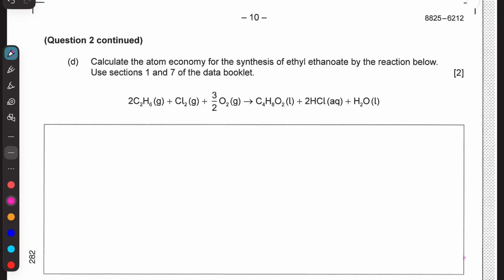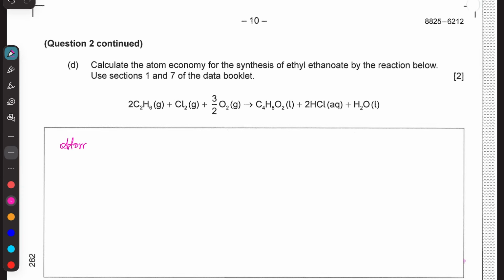Next, we have to find the atom economy. That is the molar mass of the desired product. You are synthesizing ethyl ethanoate, so this is the desired product, C4H8O2. Find the molar mass: 4 times 12 plus 8 times 1 plus 2 times 16, which is 88. Divided by the total molar mass of all the products.